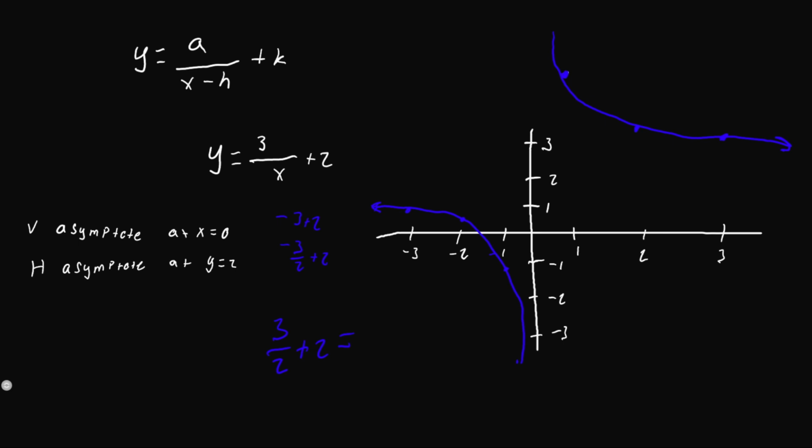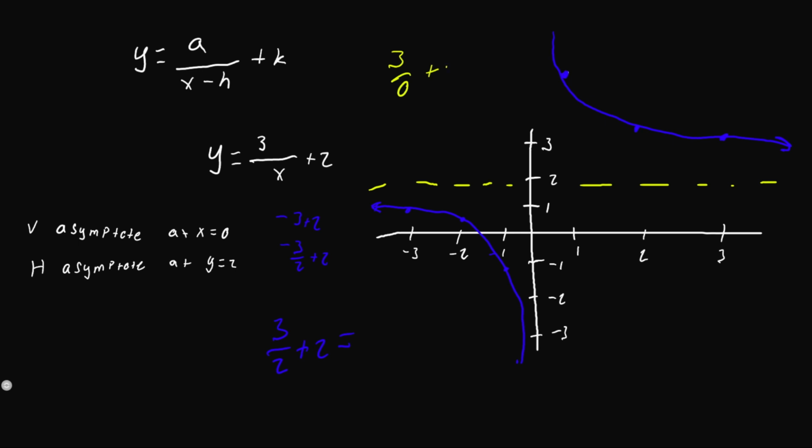Since we see that we are going to get an asymptote at y equals 2, and it cannot cross the y axis because then we'd be dividing by 0 and we cannot divide by 0.